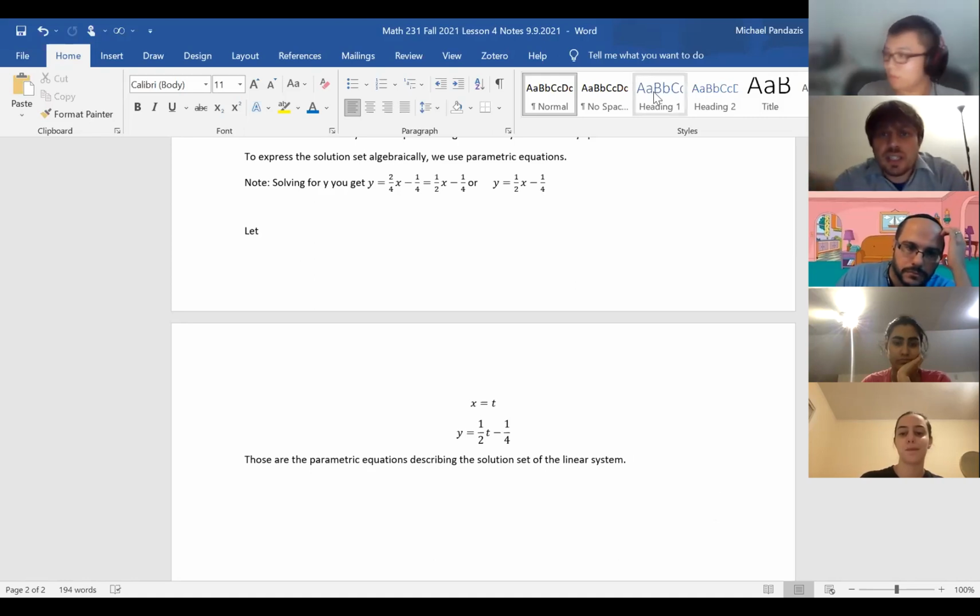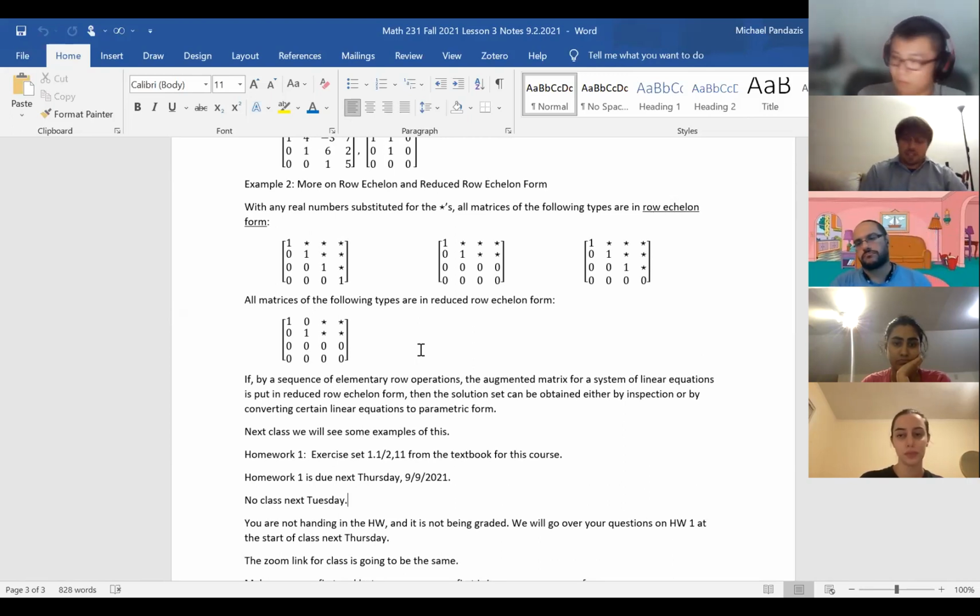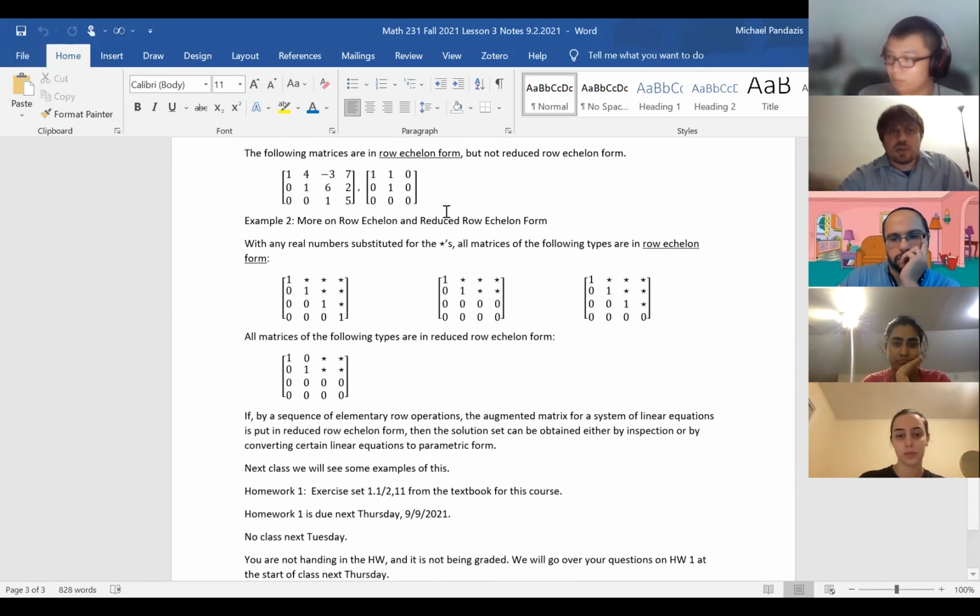Okay, so at the end of last class, we left off here. I gave examples of matrices in row echelon form, and I defined for you what it meant for a matrix to be in reduced row echelon form.